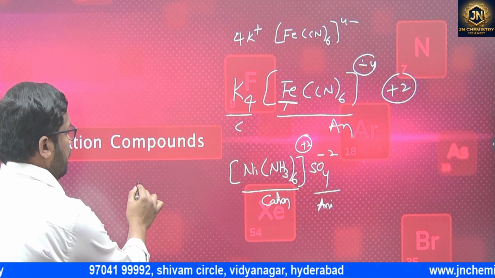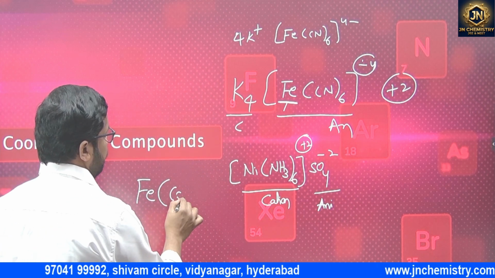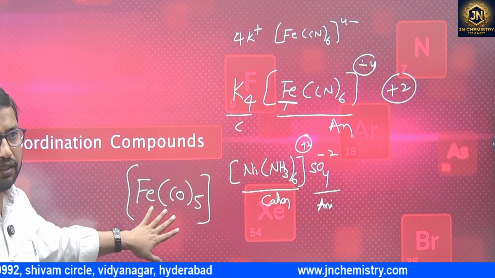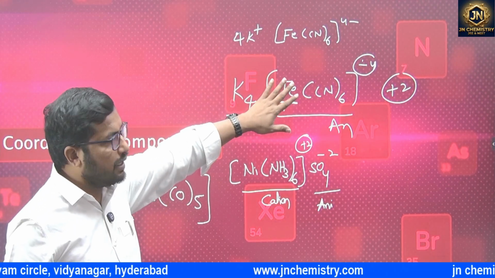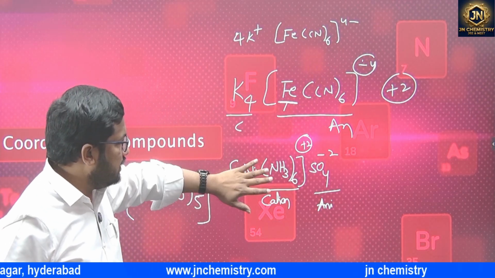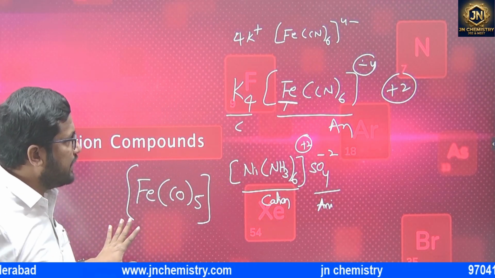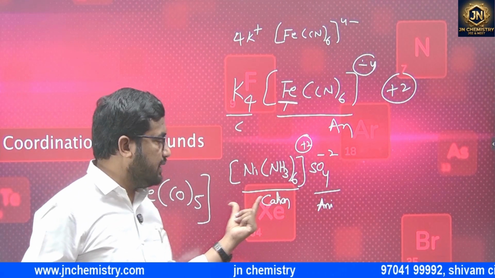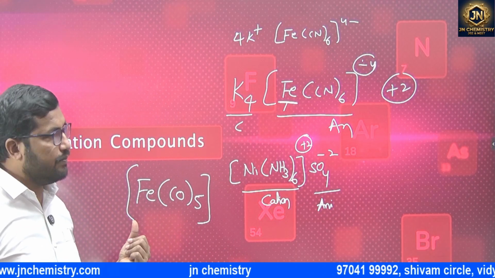For example, Fe(CO)5 is neutral. So complex compounds are of 3 types. This complex is an anion, this complex is a cation, and this complex is neutral.